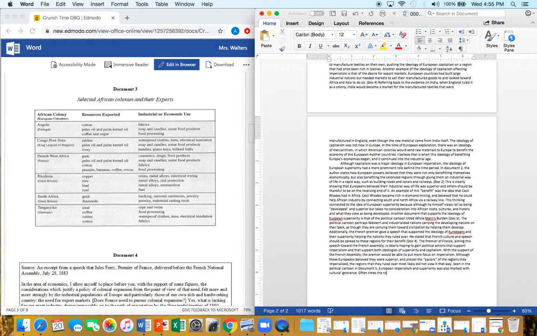Oftentimes, the regions that they conquered did not view the European way of life as superior and did not want European influence in their regions.